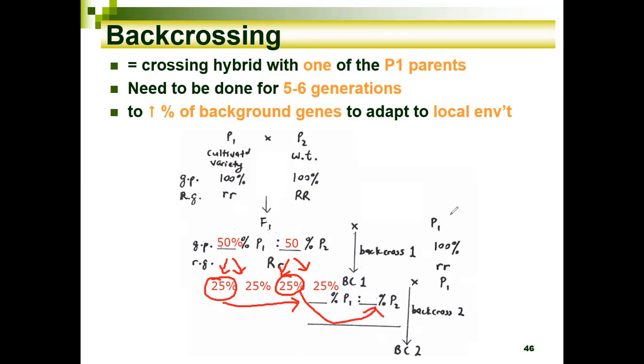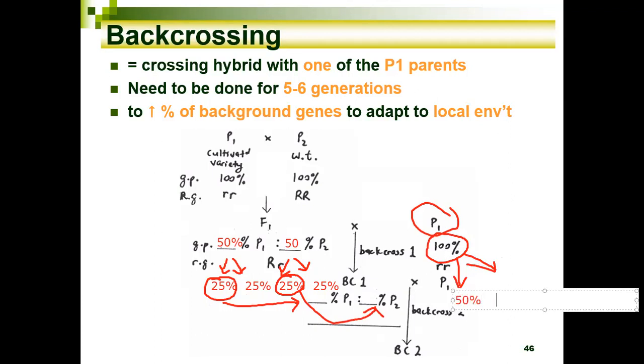Then for this parent, out of 100% of the alleles or genes, during meiosis, homologous chromosomes separate, so it becomes 50% in each gamete, correct? So each gamete only carries 50%. So your BC1 only gets one of the gametes, correct? 50%.